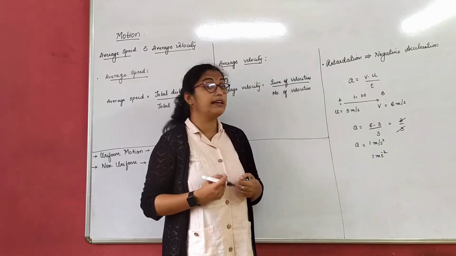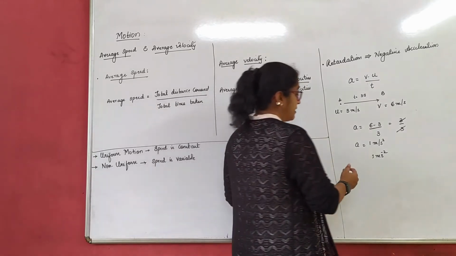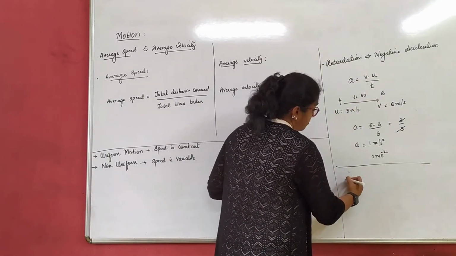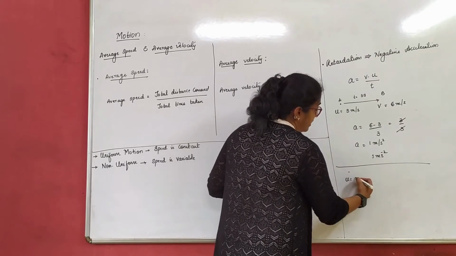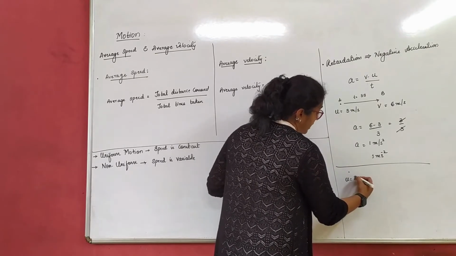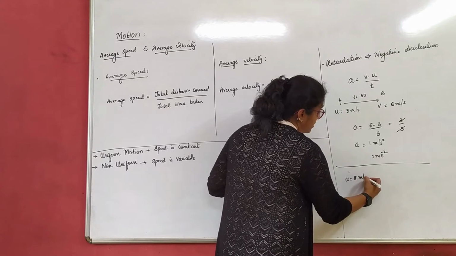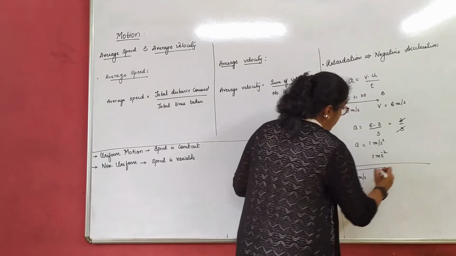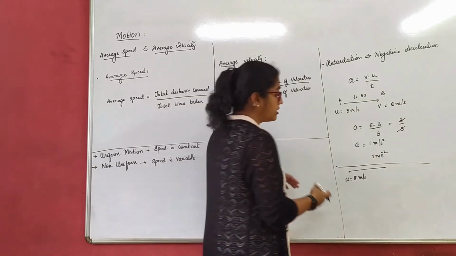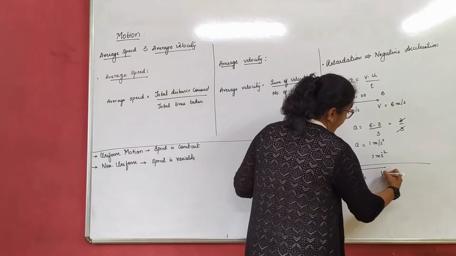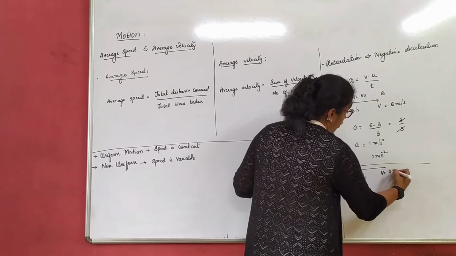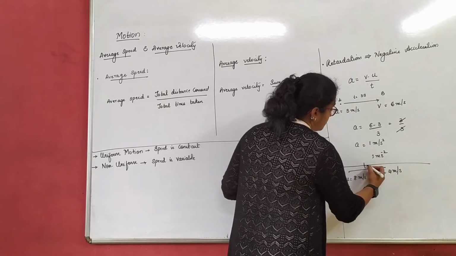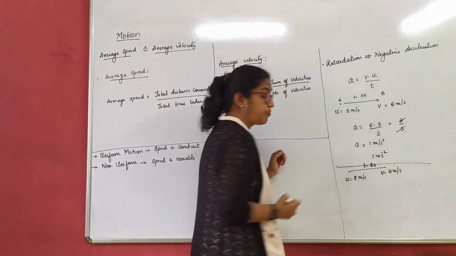Now let us look at an example for a negative acceleration. I will take the same example. The body is moving with, let us assume, 8 meters per second, and it decreased the velocity to v = 4 meters per second at time 2 seconds.